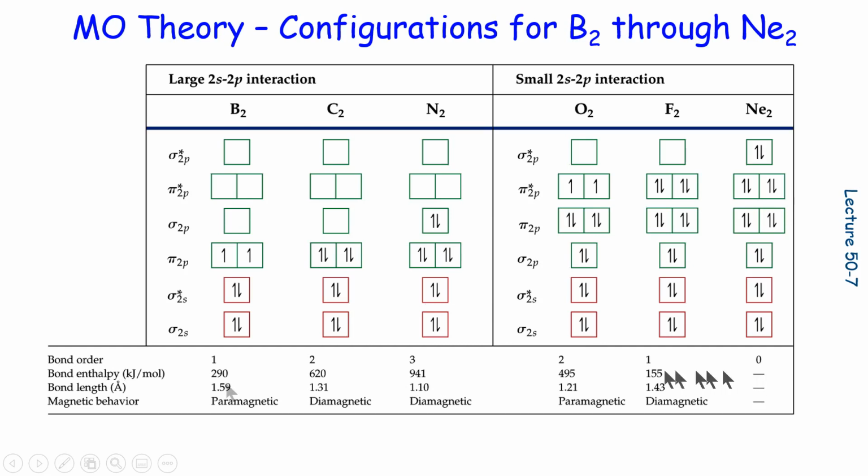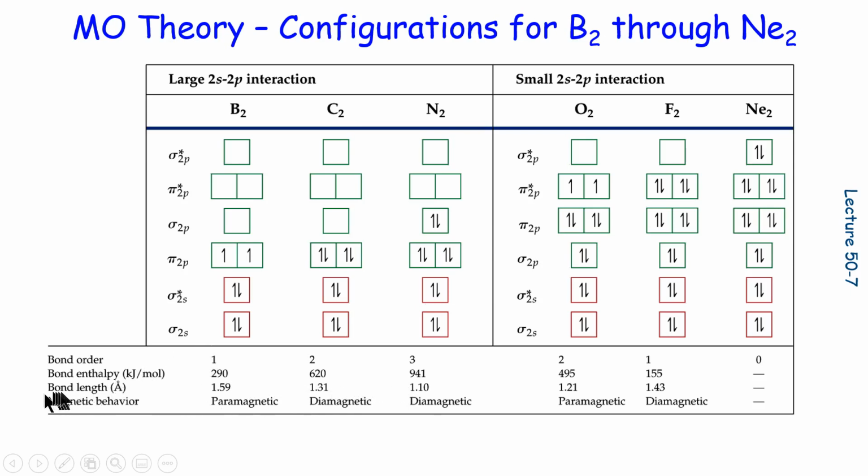Nothing there. As we already learned, the bond length is related to bond energy. The lower the bond energy, the longer the bond. For this one, 290 kilojoules per mole bond energy, the bond length is 1.59 angstrom. But when the bond energy is increased, then the bond length is decreased.